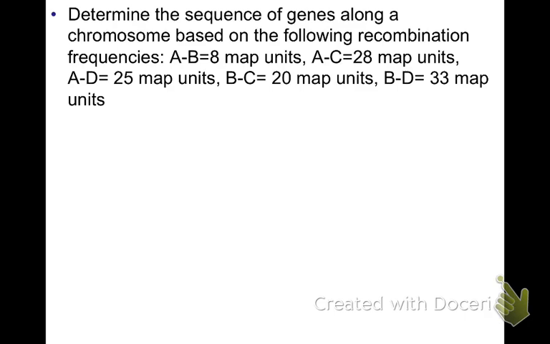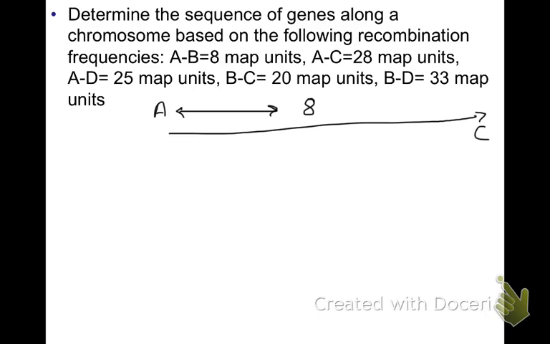So another example, okay, let's walk through that. A to B is 8 and then A to C is 28. Now I do not know whether it is here, let me just call it 28, or whether it is here. I do not know right now.